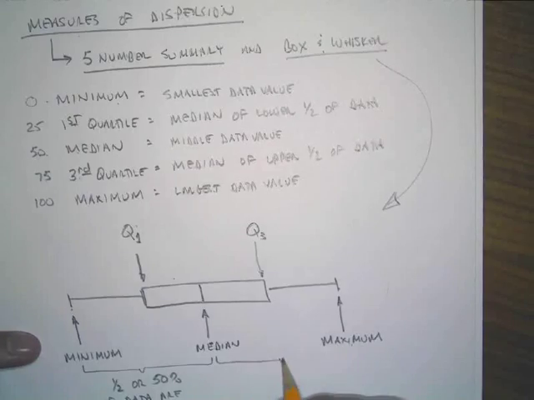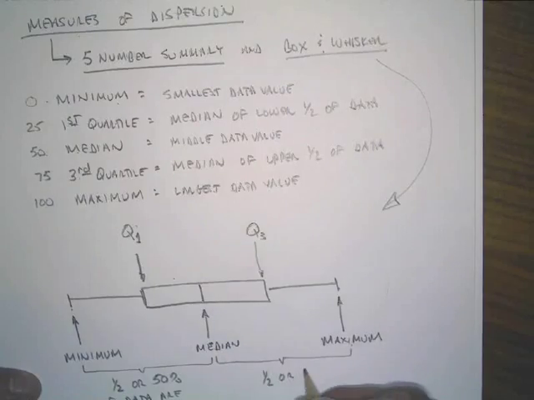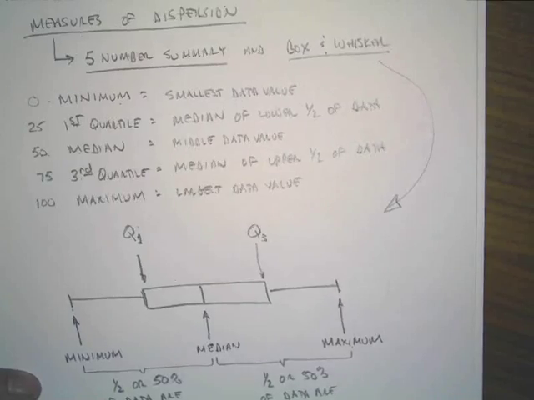And we know that since the median is the middle data value, half or 50% of the data are here. Pretty crazy.